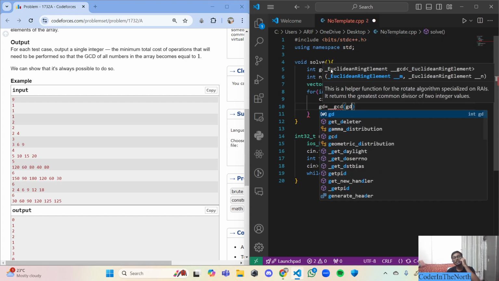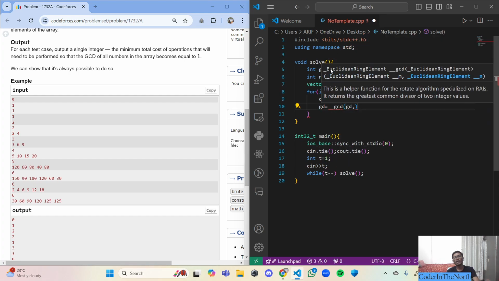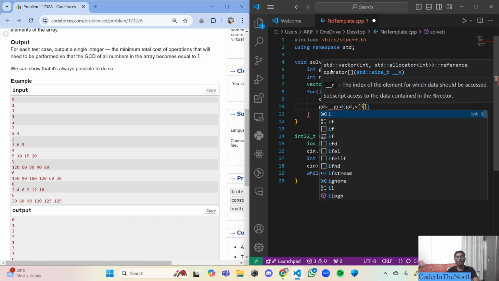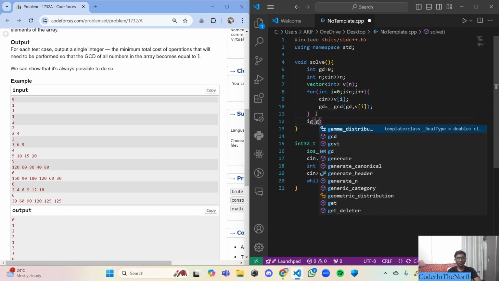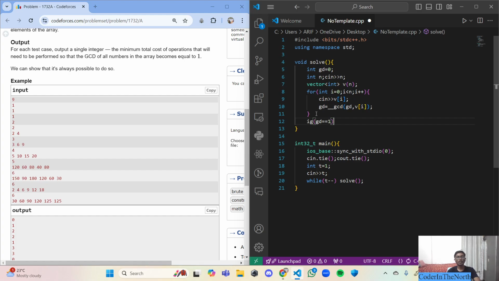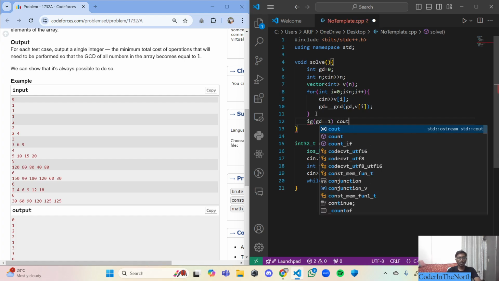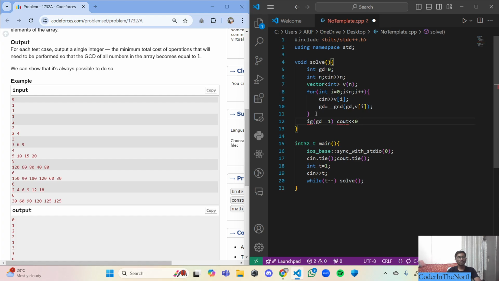Okay, this is the inbuilt GCD. In C++ we have an inbuilt GCD which calculates GCD between two numbers: GD comma v[i]. Now we have the GCD. Okay, if GD equal to 1, cout 0.